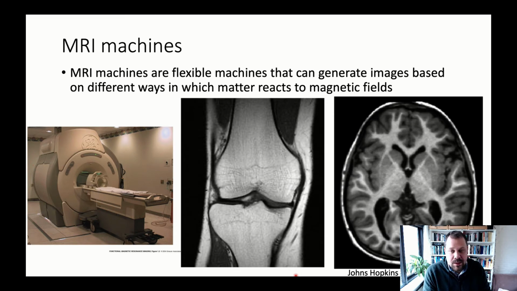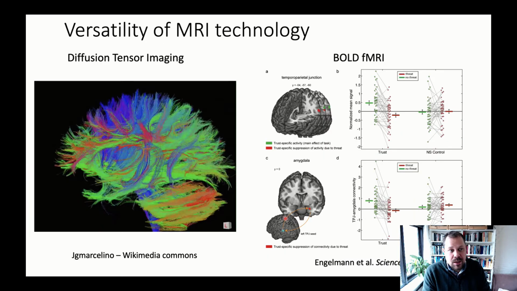So you can make clinical assessments, but that's not really what we're interested in. We're much more interested in another sort of level of versatility, namely functional changes in blood flow to different regions that are active during specific tasks, such as economic decisions. And that's also what MRI technology allows us to do.